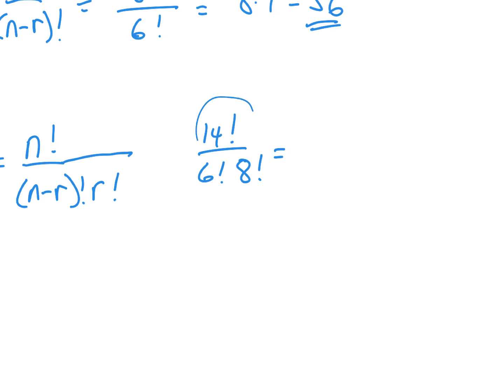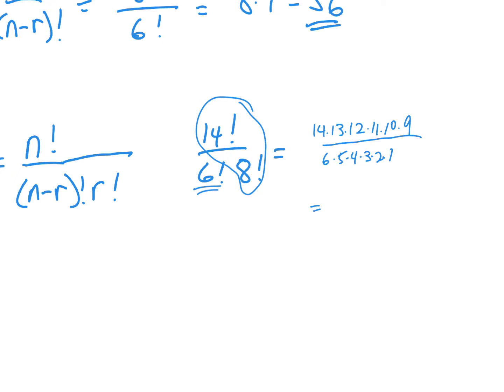14 factorial divided by 8 factorial, 8 through 1 would cancel, so it would be 14 times 13 times 12 times 11 times 10 times 9 divided by these 6 times 5 times 4 times 3 times 2 times 1.